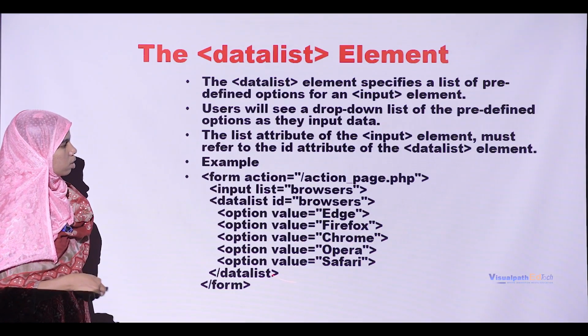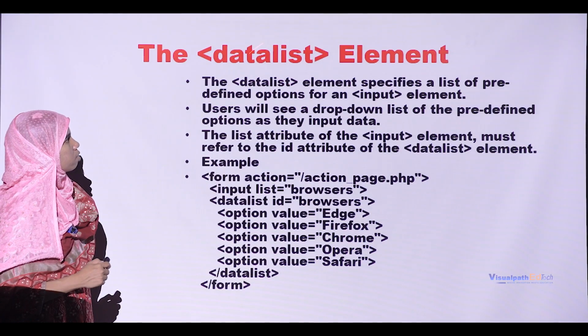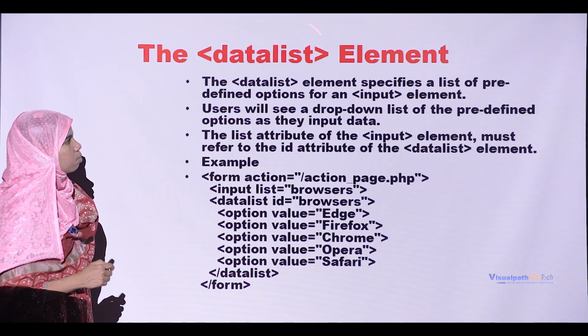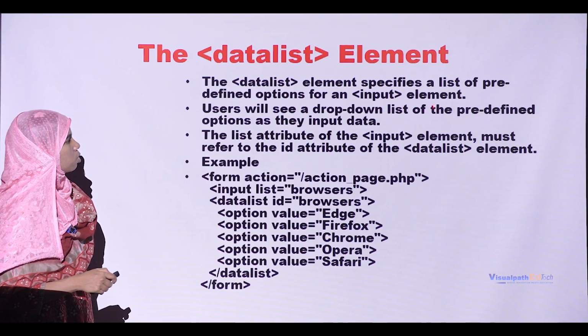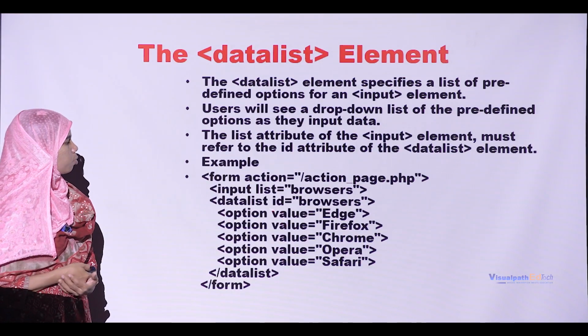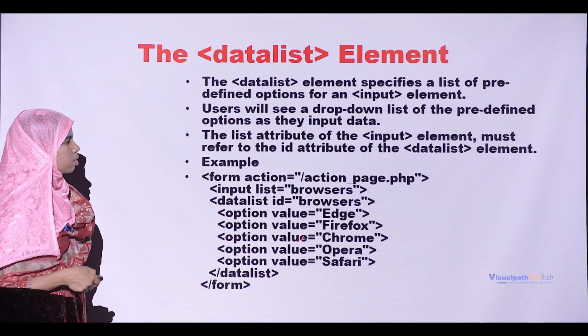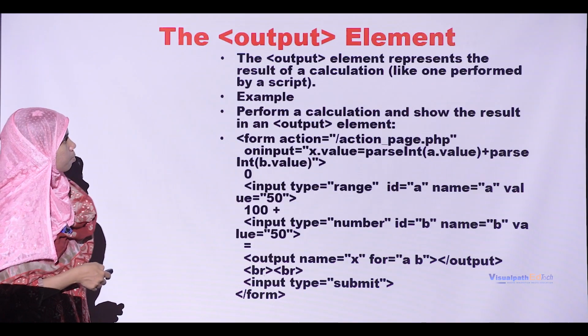So there is a huge list of browsers that are available to you. In the name only, you can identify that there is a list of data available for the user. A drop-down list can be given to you, and the predefined options are given inside the input datalist. With the help of these options, the options and the values are available to the user.